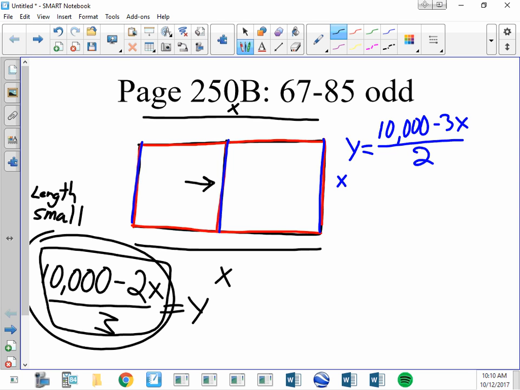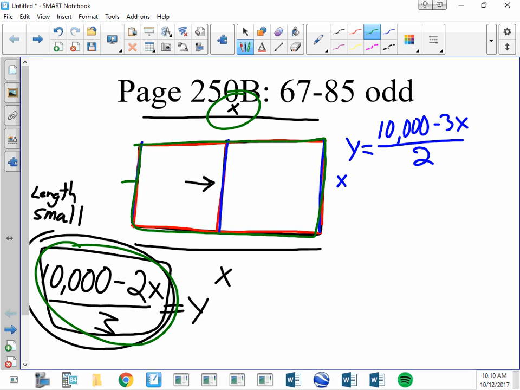Right. So what is the area of this rectangle? It's just length times width. Well, that's how we built it, right? We took 10,000 feet of fencing. We subtracted the top, we subtracted the bottom, and then we divide it by 3.